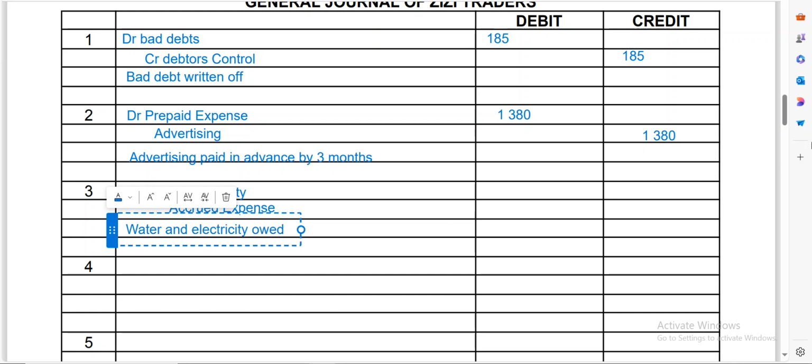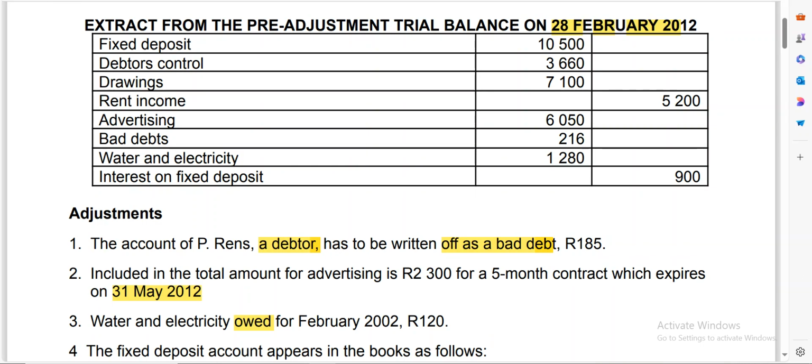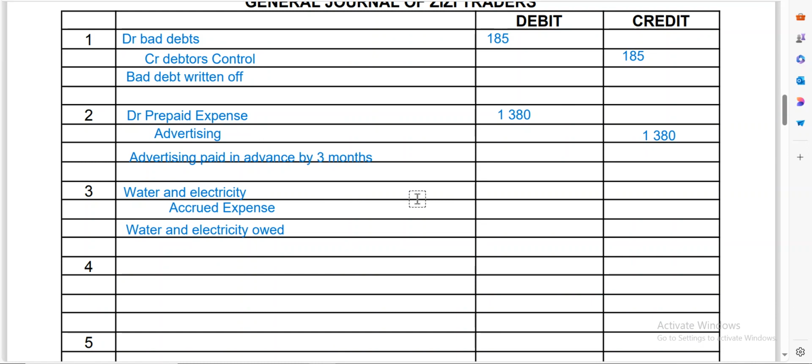Then you get an understanding that we are owing. Remember, the amount according to this, they said it's 120. So this 120 will come here. We'll debit by 120 and then credit by 120 also. Then you are done with this transaction. Then we move to the next one.